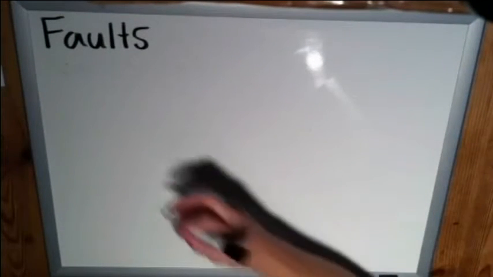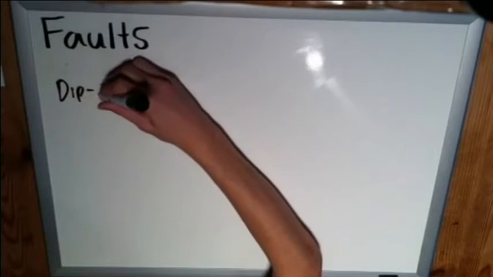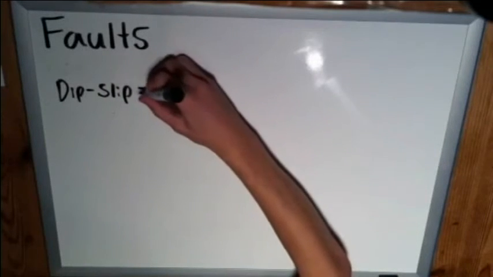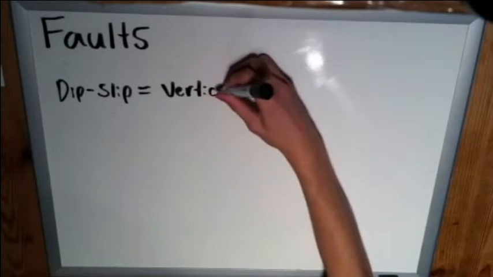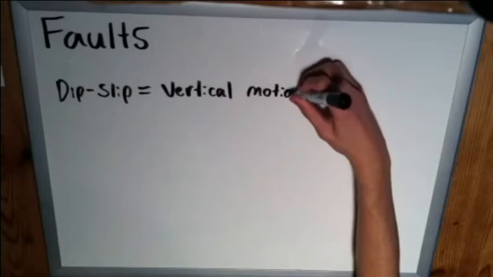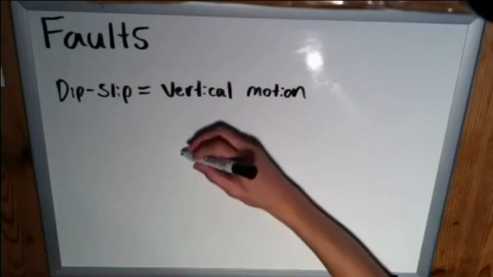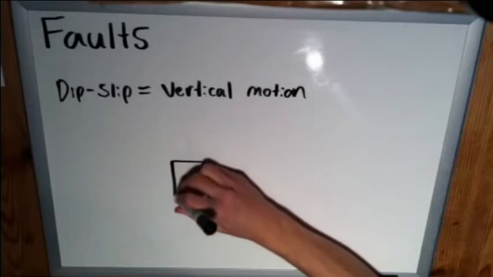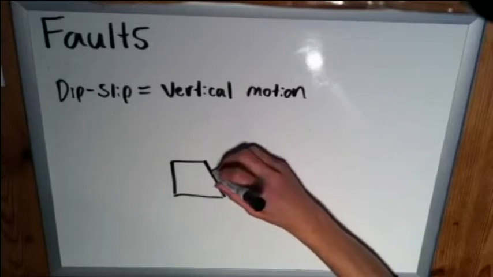And we'll start with what are known as dip-slip faults. And what these mean is that there is a vertical motion. So if, for example, we've got our, we'll draw a block diagram here. There's our fault.